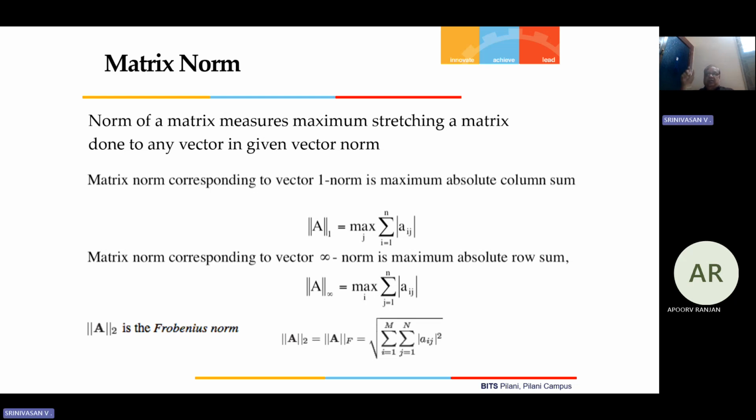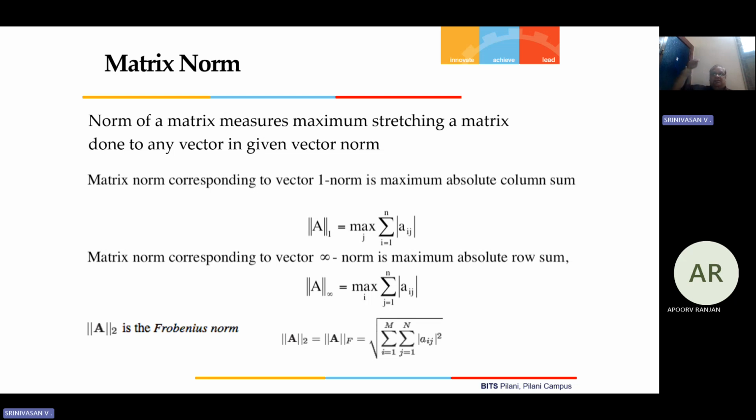So the matrix norm corresponding to the vector 1 norm is the maximum absolute column sum. Vector 1 norm means norm A with suffix 1. What is the meaning? Maximum of the sum of absolute values of the column elements. Supposing you have a 3 by 3 matrix A: A11, A21, A31 is your first column, A12, A22, A32 is your second column, and A13, A23, A33 is your third column.